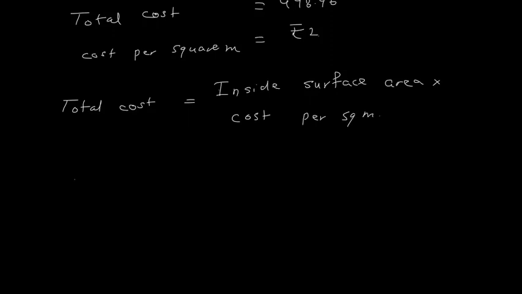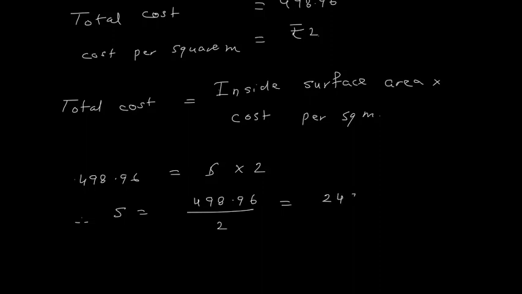So total cost is 498.96. This is equals to inside surface area, we don't know. So let us write it as S into this cost is 2. So therefore surface area will become 498.96 divided by 2. So it will be 2 4s are 8, 2 9s are 18, then 2 4s are 8, 2 8s are 16.